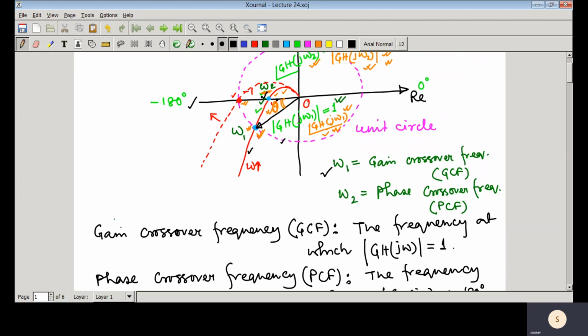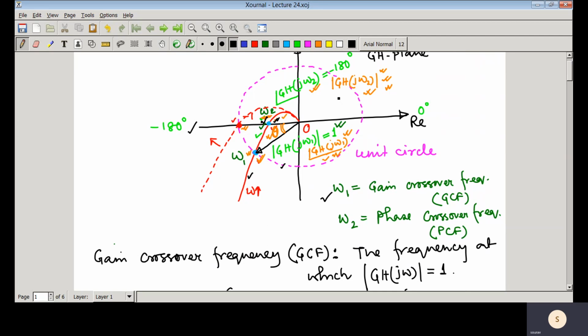Now we have seen that at phase crossover frequency, at W equal to W2, if we find that gain, and if we multiply the loop transfer function with the reciprocal of that gain, that means 1 by GH(jω2), the gain obtained at phase crossover frequency, then what happens?